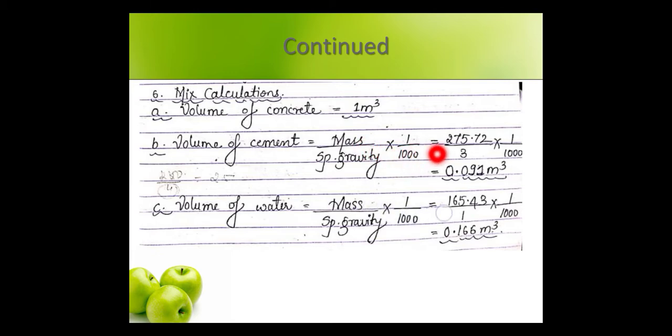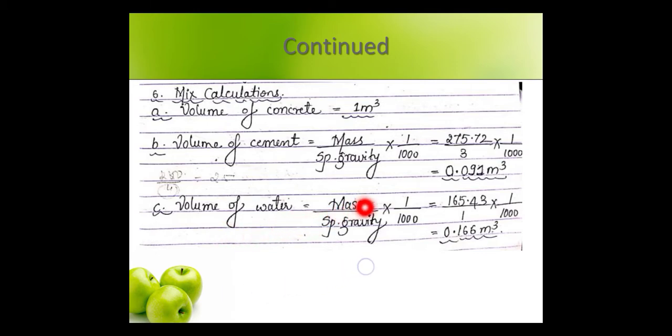So mass of cement, whatever the quantity of cement we have got, that should be divided by specific gravity into 1 divided by 1000. To convert kgs to meter cube, that 1 divided by 1000 you need to multiply. So we have got volume of cement, that is 0.091 meter cube.